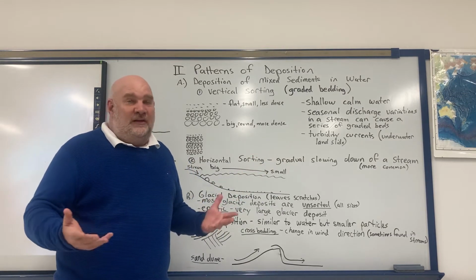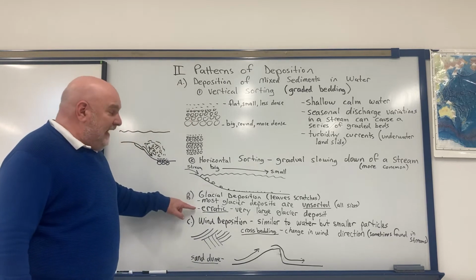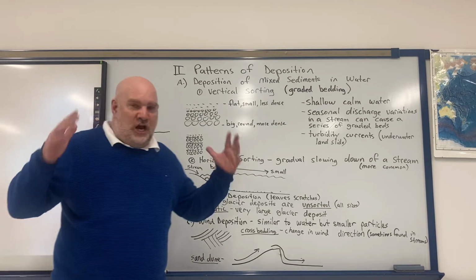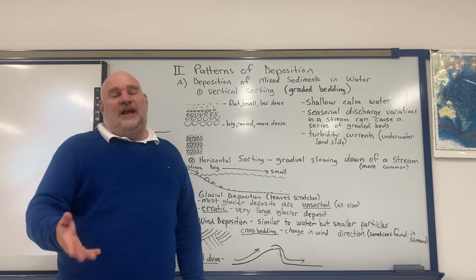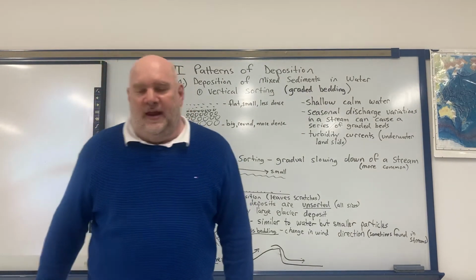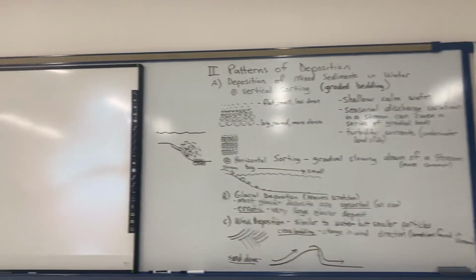Doesn't seem like there's any reason why it's there. That's probably what's called an erratic. So an erratic is a very large glacial deposit, like a big giant boulder. There was an article in National Geographic a few years ago about erratics, and I'll give you a little glimpse of some of the pictures from that article.